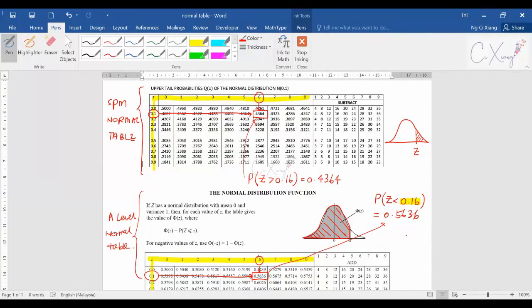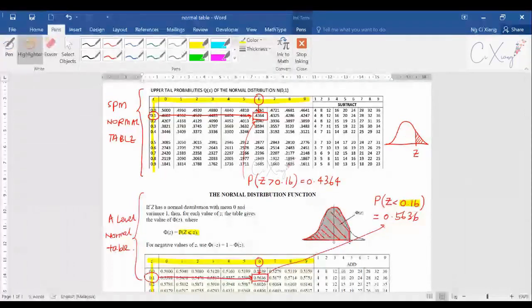The table is totally different, so some students might need some time to get used to it. Alright, okay, so this is the difference between SPM and A-level table. So make sure you know how to use this A-level table. We are talking about Z smaller than a particular value, and we are talking about the area on the left-hand side of that particular value.